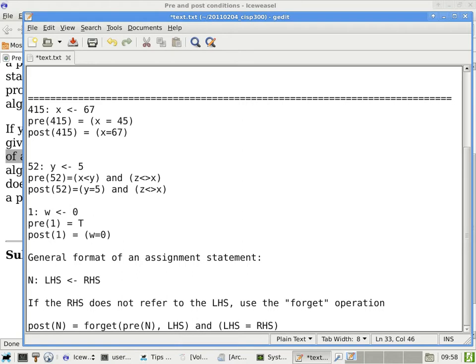Correct. We'll deal with that later. That's a very good question, but we're now focusing on the case when the right-hand side does not refer to the left-hand side. But that's a very, very good projection to the next topic that we'll talk about. So are we still doing okay with this part here? Does it make sense, the rationale?